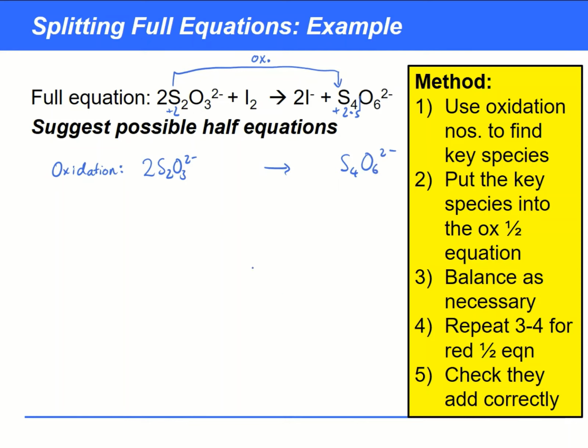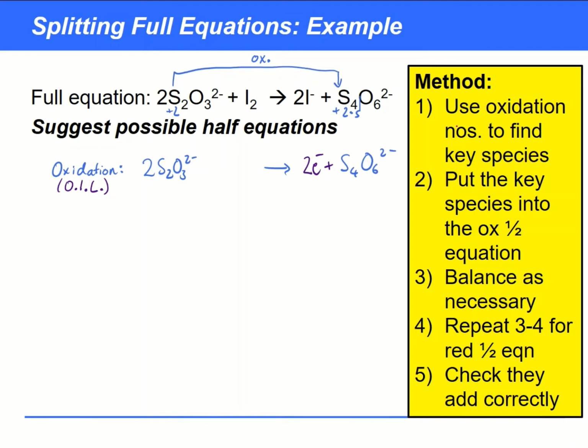Now I just need to balance as necessary, so I'm going to stick in some electrons. I've got 4 minus on this side and only 2 minus on that side, so I need a couple of electrons on the left, and that's exactly what we want because oxidation is loss of electrons, and we've actually got electrons being lost here. So we're confident that this is looking good so far.